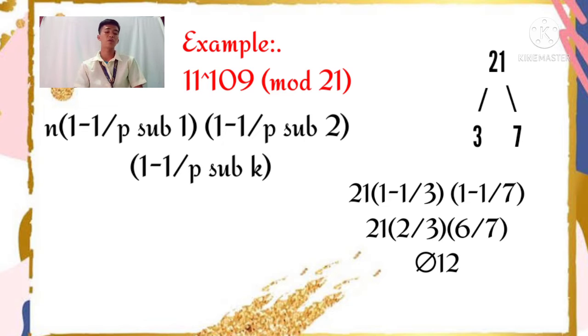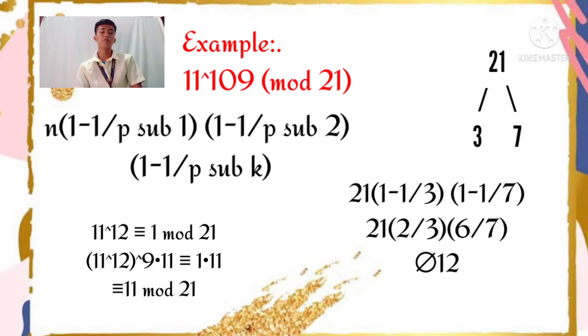Now, let's have φ(21) = 12. Let's use it. 11 raised to the 12 power is congruent to 1 mod 21.